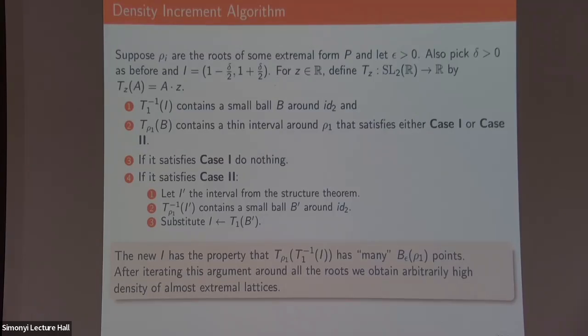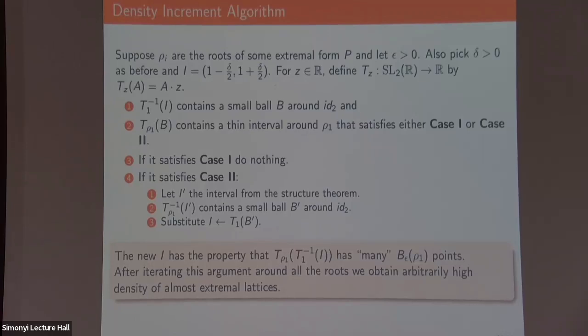If you use case 2 for some of the roots, then you forget about it forever. But until then, you might still have to return to it. Because, for example, if you focus very closely to rho 2, you might not see good points because tau 1 is much bigger than tau 2.